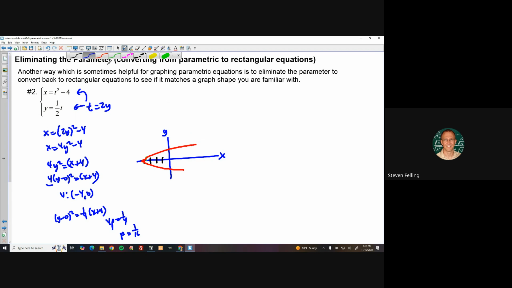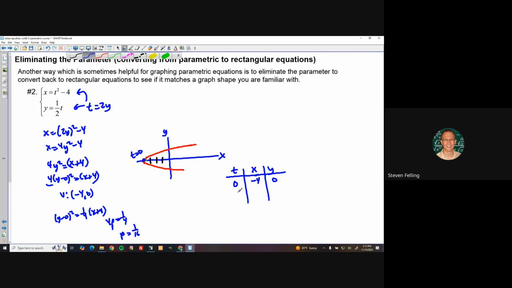And then to figure out the direction, we could make a table where we have t and x and y, and just pick at least two values to see the direction. So maybe I could say, let's try 0. And if you plug 0 in here, you get 0 squared minus 4, which is negative 4 for x. If I plug a 0 in here, I get 0. So that means we're at the point negative 4, 0 at t equals 0.